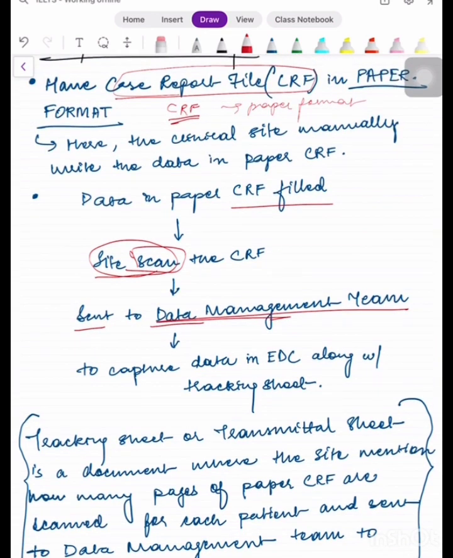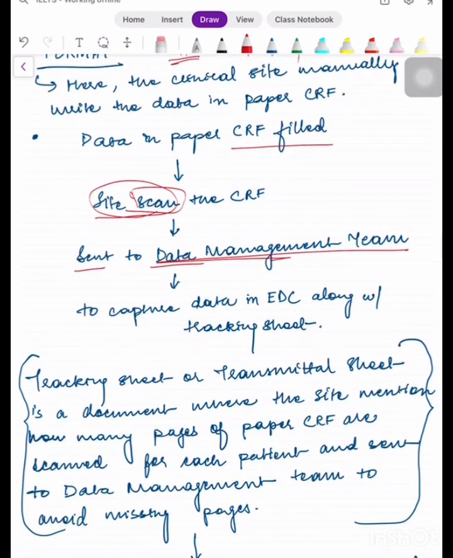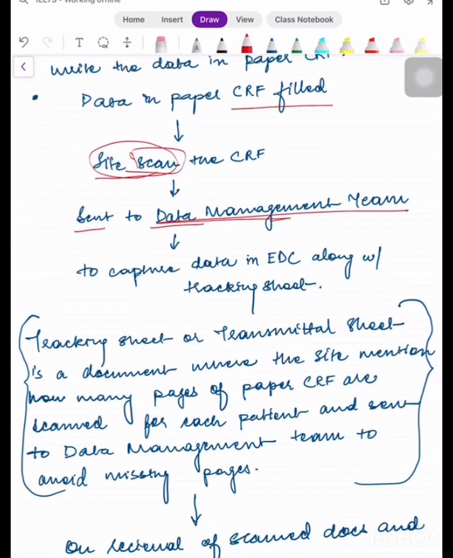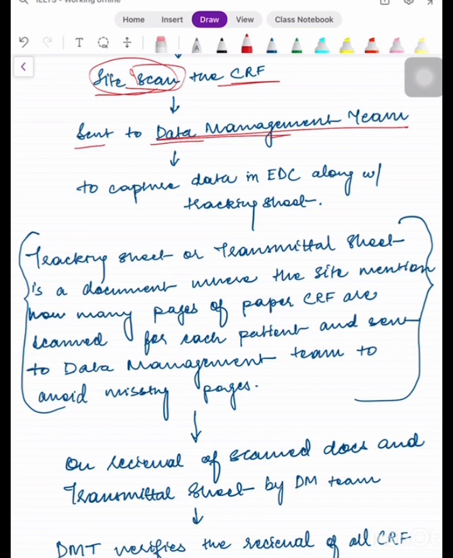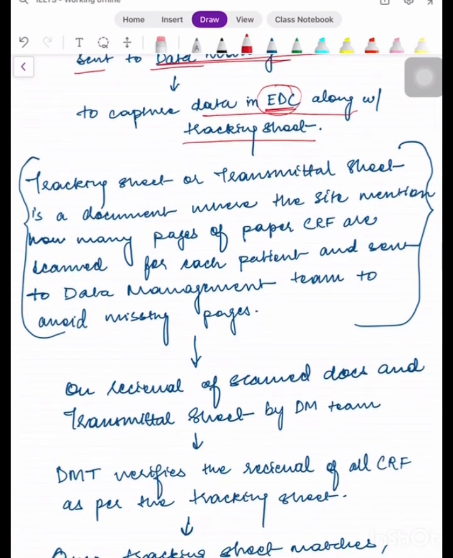The data management team then captures data in EDC along with the tracking sheet. So now they've put this physical form of scanned data in EDC. We'll study EDC in detail down below, along with the tracking sheet.